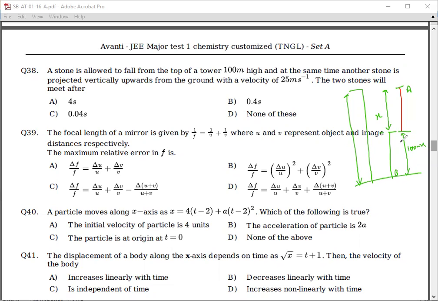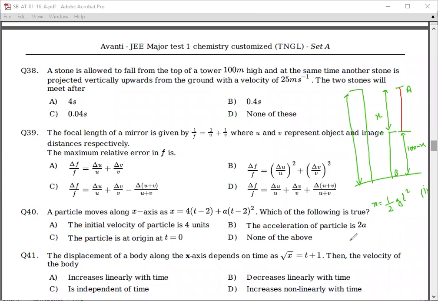So I can say that x is equal to ut plus half at squared. U is 0. So it will be half g t square, right? This is first equation.